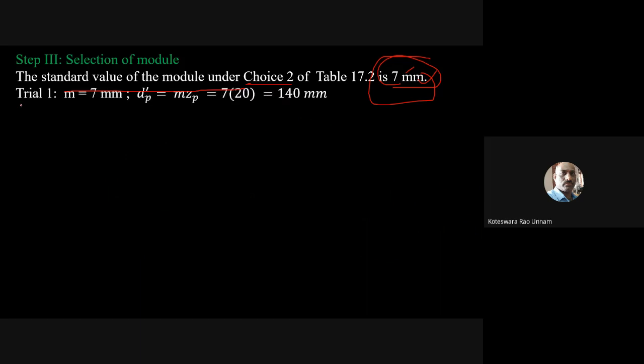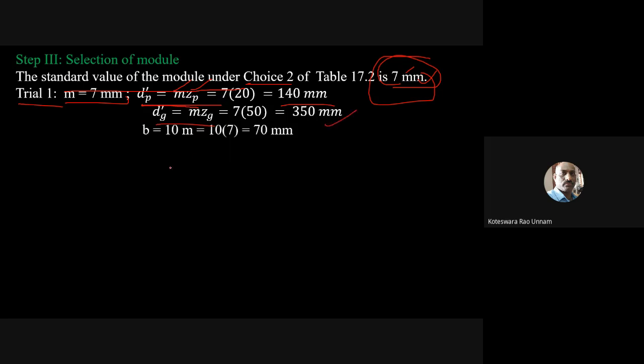So now with trial 1, module 7 mm, once you know the module you can calculate the diameter of the pinion and the diameter of the gear. Diameter of the pinion is given by M into number of teeth on the pinion, which is 140 mm. Then the diameter of the gear is 350 mm. Then face width B is 10 M, which is 70 mm.